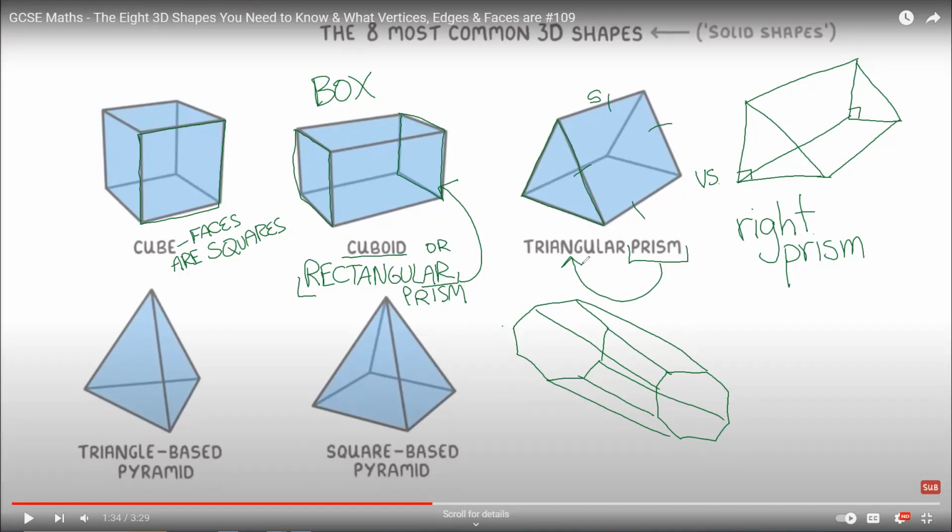So then, of course, if you look here, we contrast our prisms with our other pointy, non-curved shapes, that we have pyramids. And so once again, you can have two different bases on your pyramid.